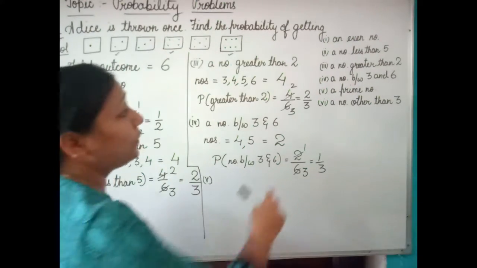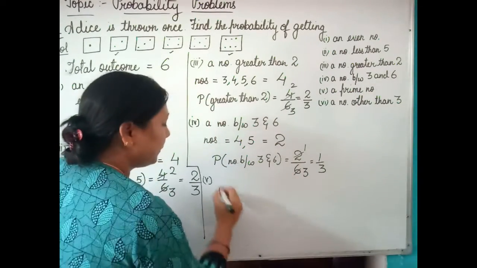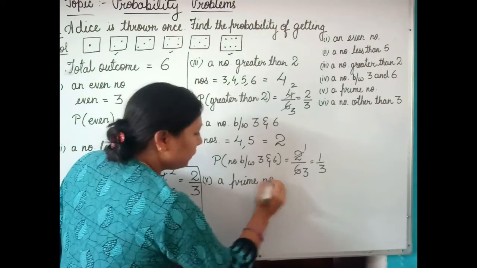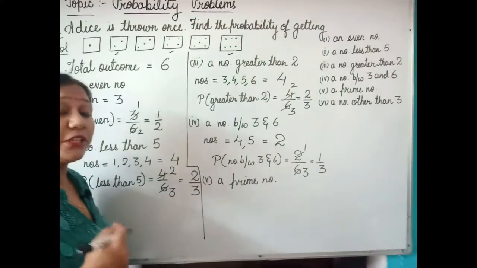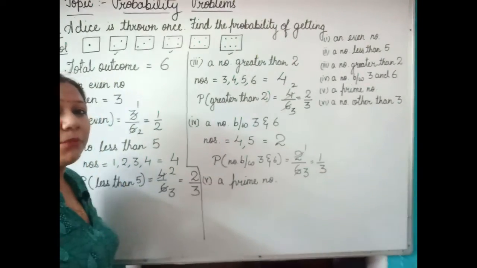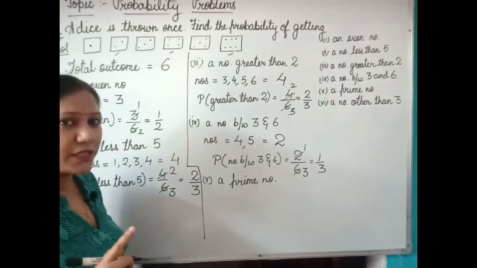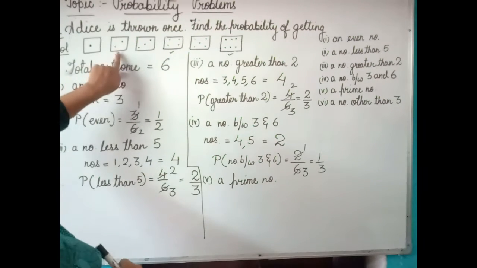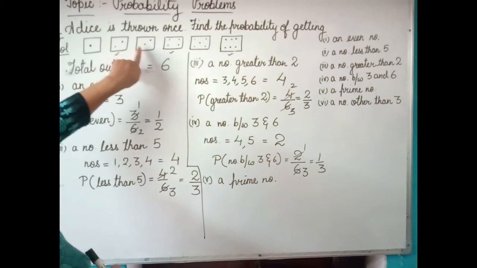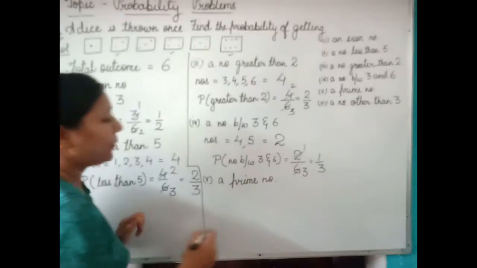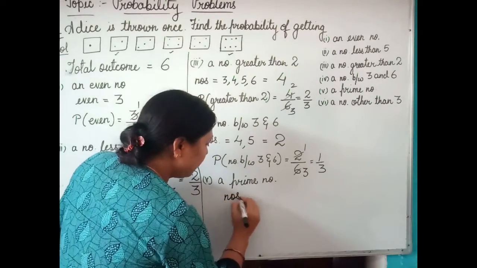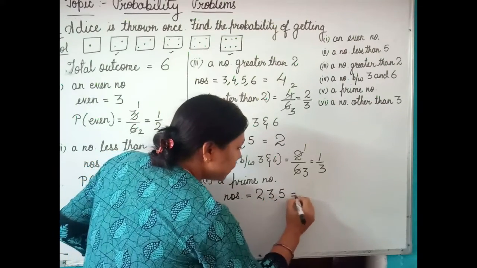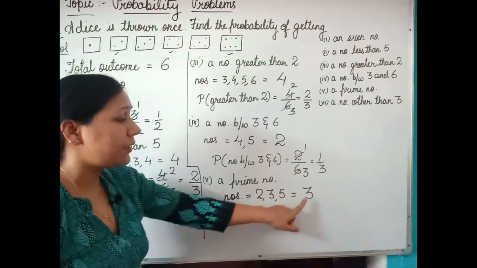Coming to the next part, which is our fifth part. In the fifth part, what we want is a prime number. Now the question arises, what are prime numbers? Prime numbers are those numbers which are only divisible by 1 and the number itself. What are the prime numbers here? We have 2, 3 and 5. So how many favorable outcomes did we get? 3.